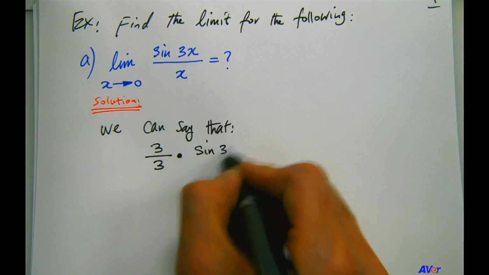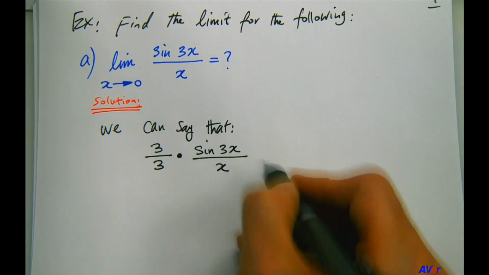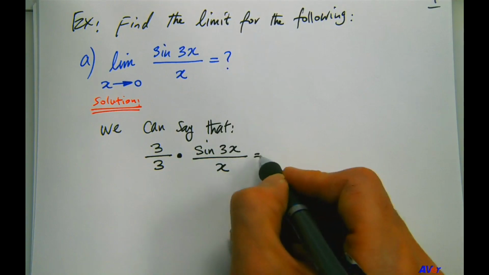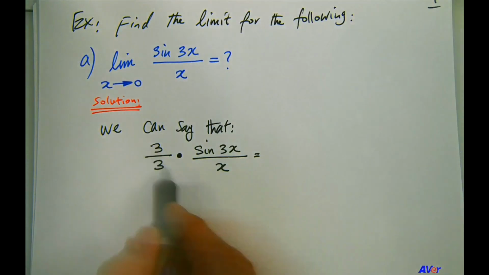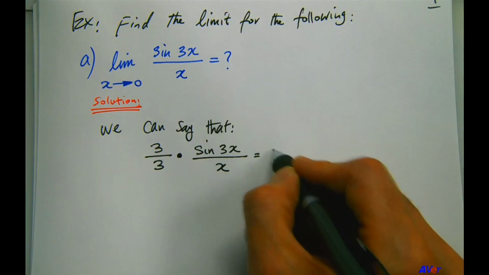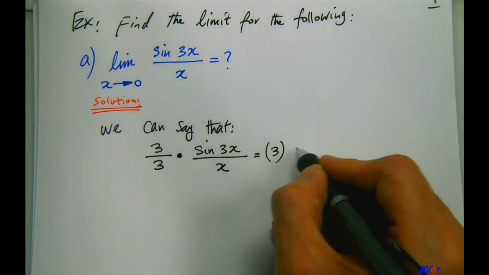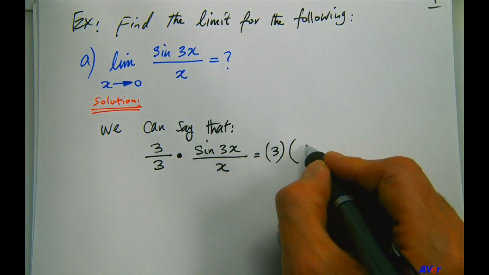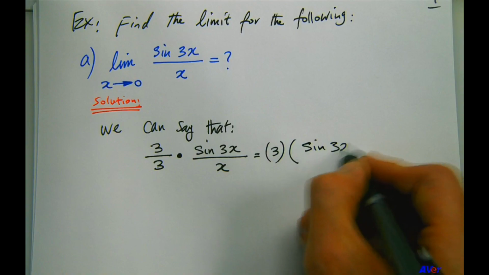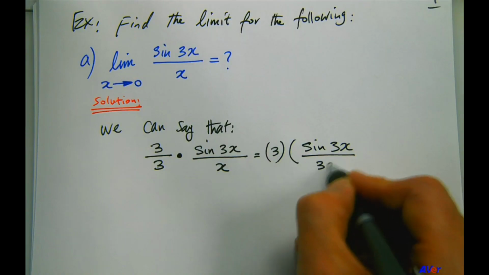Sine of 3x divided by x. Okay, so we have that. And so after we do that, we can say this is equal to 3 times, now put this 3 underneath this expression. So 3 times sine of 3x divided by 3x.